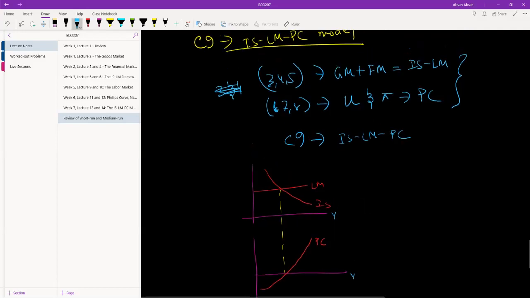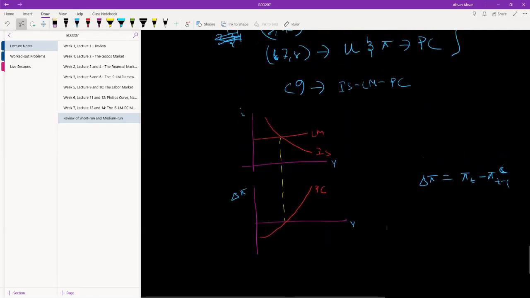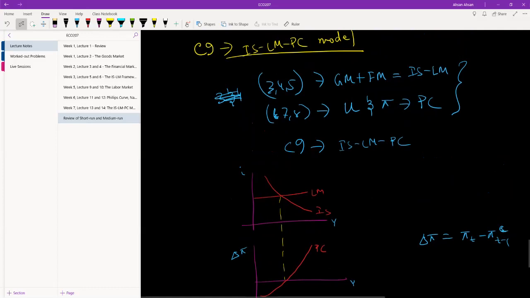This is Y, this is I, and this is effectively change in inflation. And you know, change in inflation is basically inflation in this period minus expected inflation. So just take a look at what's happening.